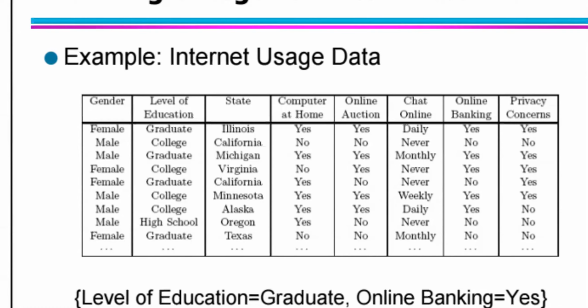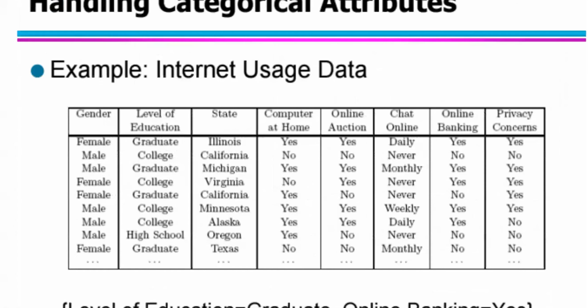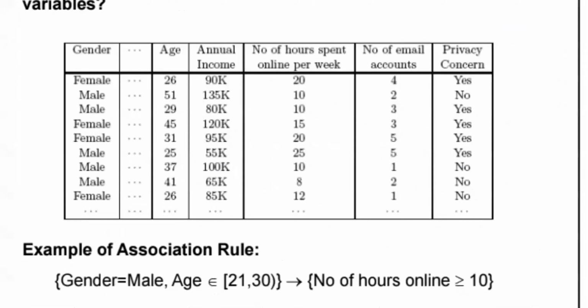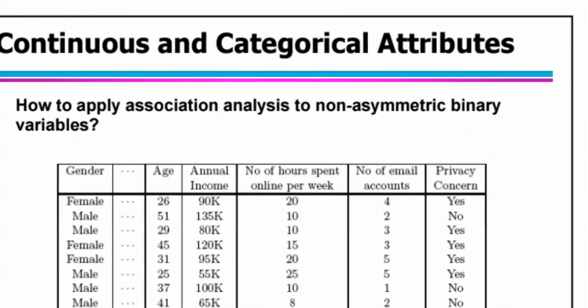In this survey data you have to consider the categorical attributes as well as the binary attributes. Categorical attributes you can represent as yes or no. But how can we represent this data as symmetric binary attributes? See here, I want to show it.